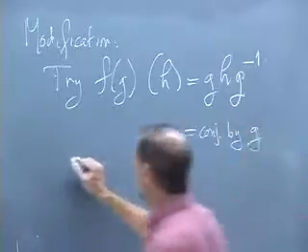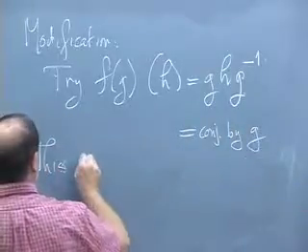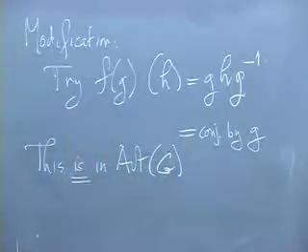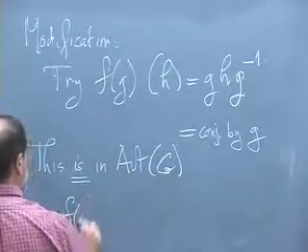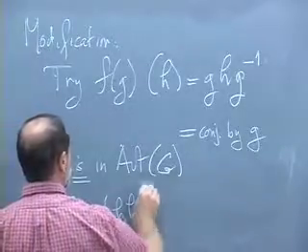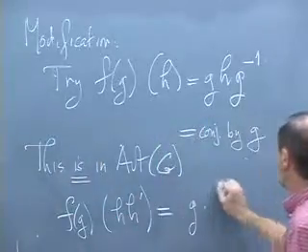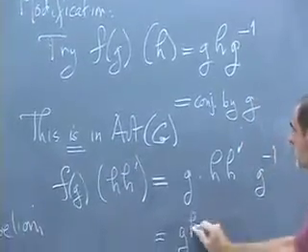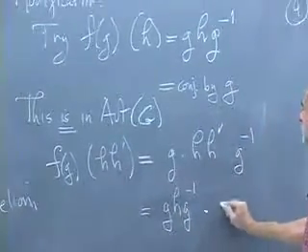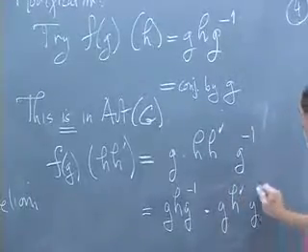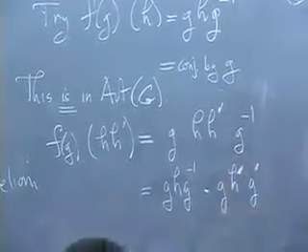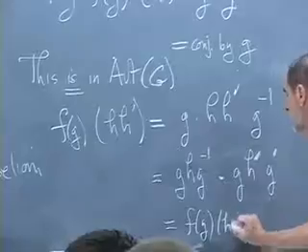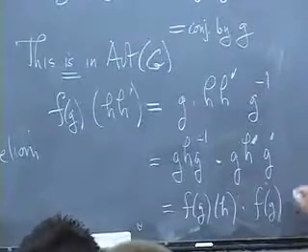So let's check. First of all, this is in Aut G. That was the problem with the first one. It's an actual automorphism of G, because if I apply it to hh prime, I get g times hh prime g inverse, which I can rewrite as g h g inverse times g h prime g inverse, because the g inverse and g cancel, and then this becomes f of g of h times f of g of h prime.